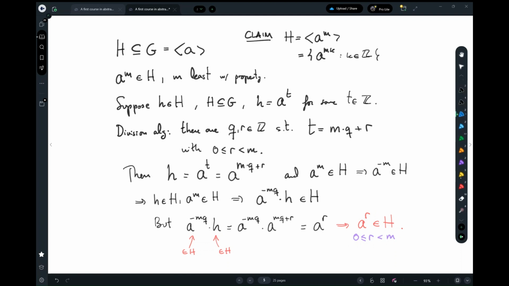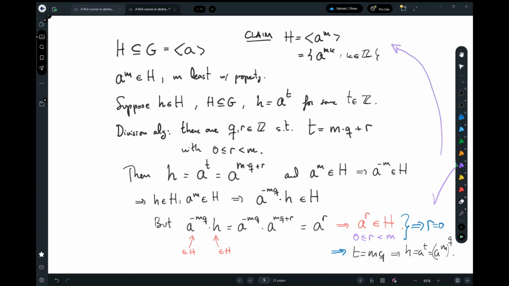So these two properties tell me, together with the minimality of m, that r must be 0, and therefore what that means is that t is mq, and therefore h, which was a to the t, is a to the m to the q, which is what I wanted to prove, because this shows that every element of H is a power of a to the m, so H is actually generated by a to the m. So this verifies my claim.